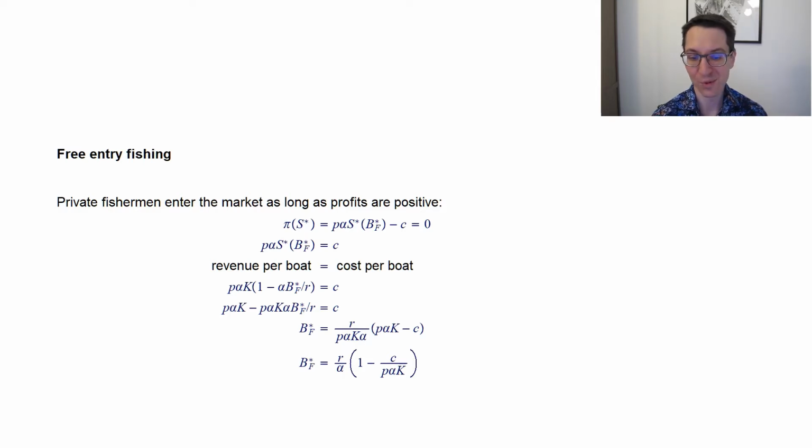Well, if you just look at the expression, you see that it's not that clear, because there's alpha in the denominator here and alpha in the denominator here. One alpha means that I have a better profit per boat for fishing because I am more efficient. That's this alpha here. So if I have better technology for my boat, it's better for me. But then there's this funny extra alpha that appears here.